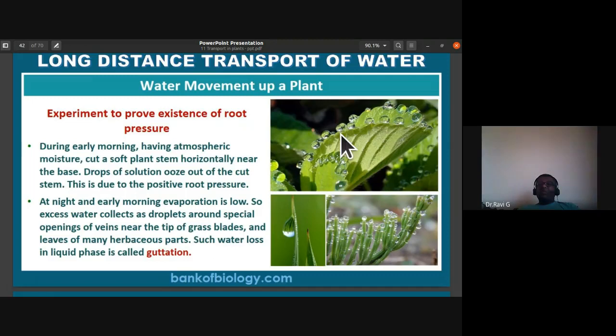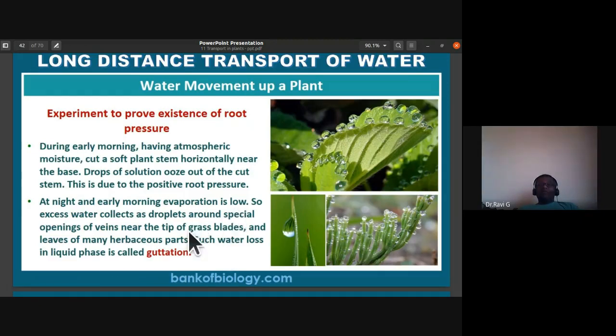See the pattern of arrangement of it. What we consider to be morning dew is not morning dew; it is a guttation droplet. So this process of loss of water in the form of water droplets through this special opening in the vein, we call it as guttation.